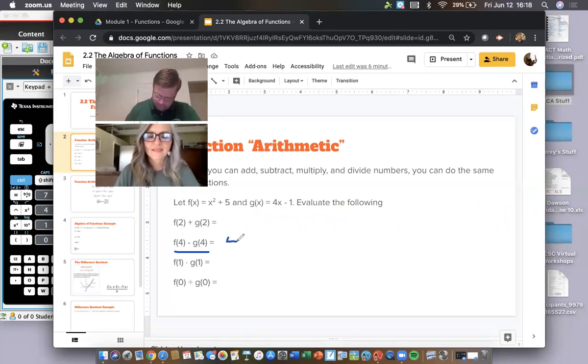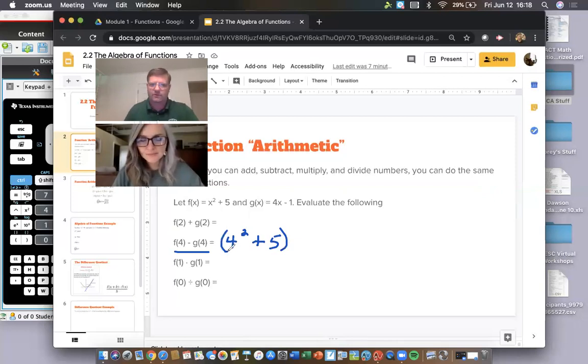So I have 4 squared, which again is my favorite game from the playground, plus 5. And then to that, the parentheses are going to be super helpful here because I have to evaluate this whole thing. If I don't do this correctly, I'm going to get the wrong answer. So 4 times 4 minus 1.